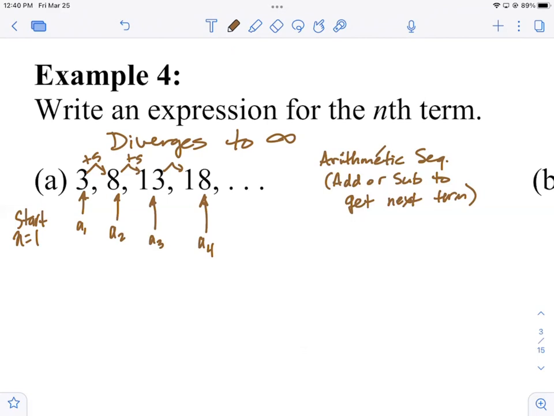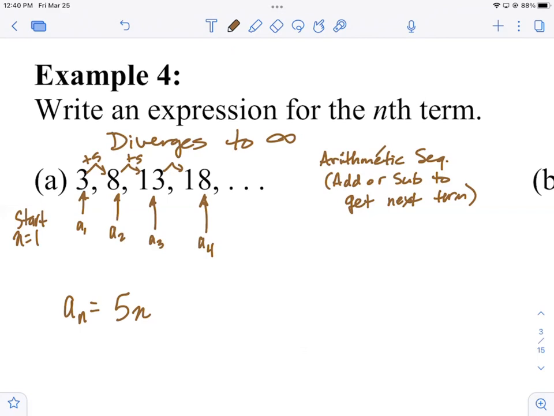Okay. So how can we generate it? Well, let's see. If I am going to be adding 5 each time, it should be 5n, right? Yeah, 5n. Plus 5 twice is 5 times 2. Plus 5 plus 5 plus 5 3 times is 5 times 3.